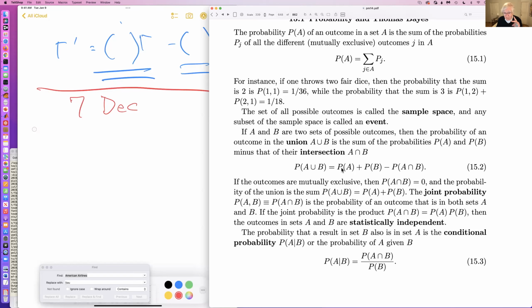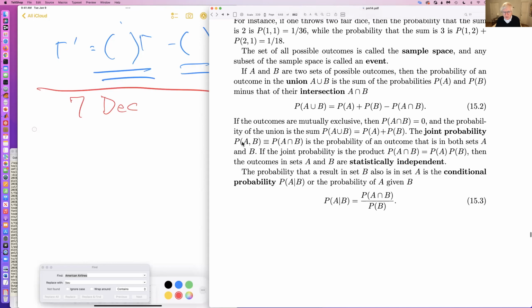So the probability of an outcome being in either set A or set B or both is the probability of it being in set A plus the probability of it being in set B minus the probability of it being in both. And if the outcomes are mutually exclusive, then P of A intersection B is 0, and the probability of the union is just P of A plus P of B.